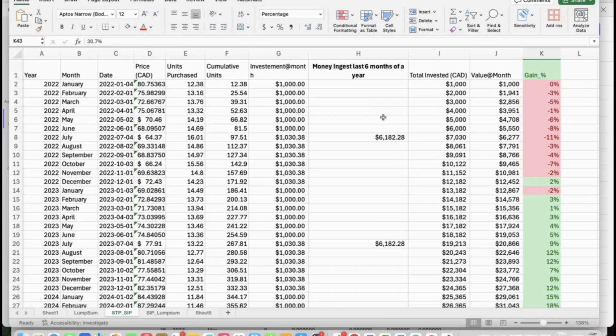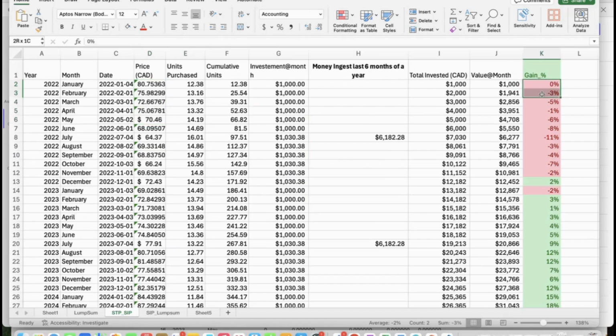But the fun fact is, when you look at the beginning, it started at 0%, but it went negative because it was still the COVID market, so the market was going down, the price was going down.